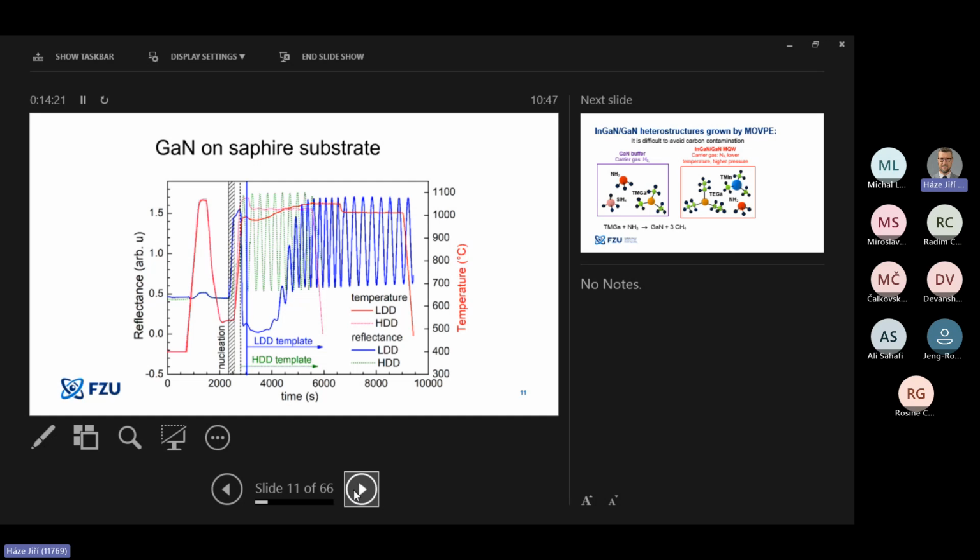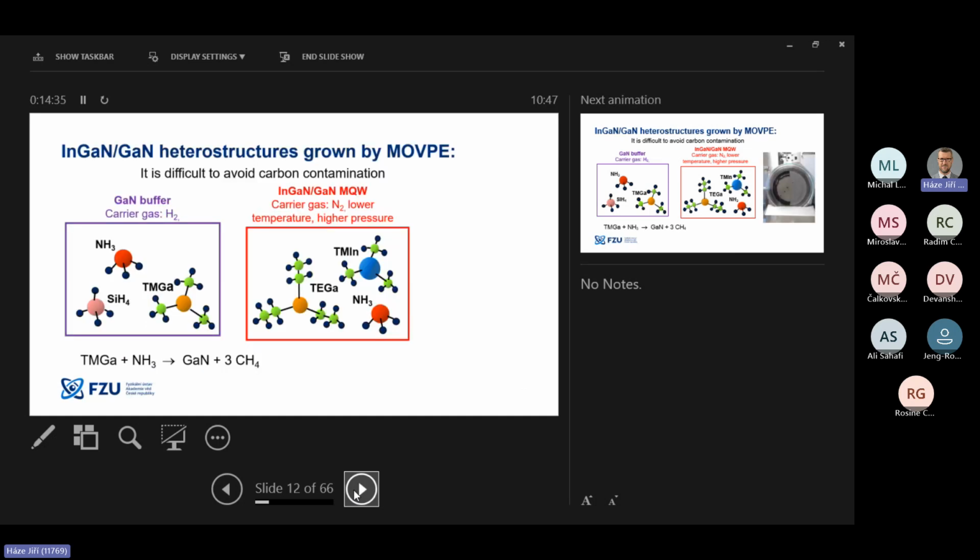So in this case, we have a lower density of dislocations. I will show you later on how we use this to study the effect of dislocations on different properties. So it's a nice thing to know how to produce both samples.